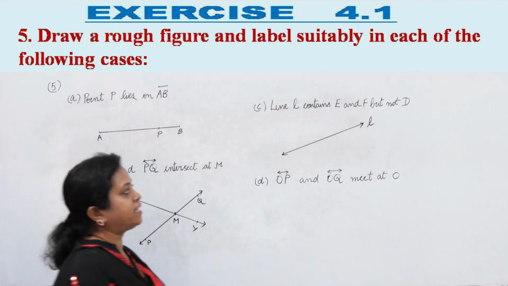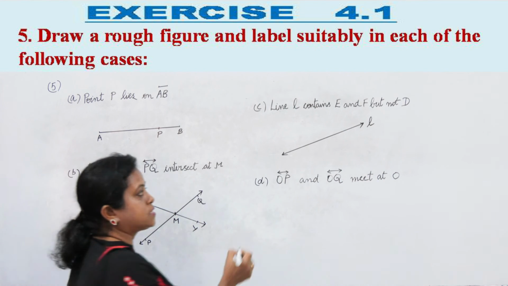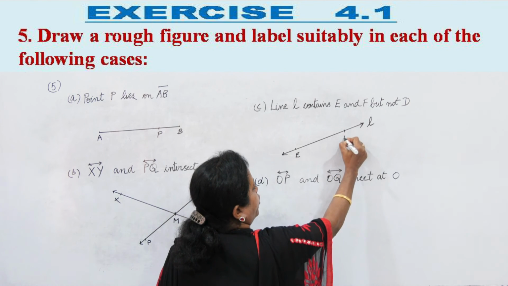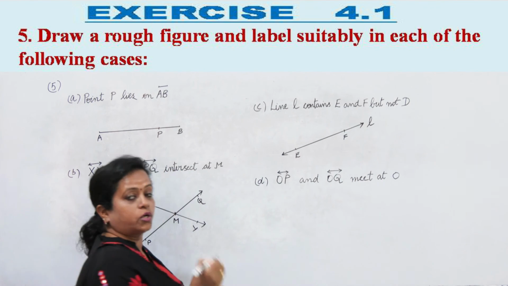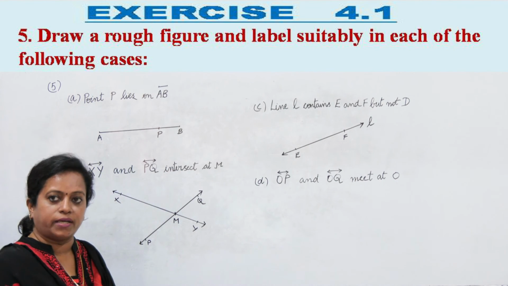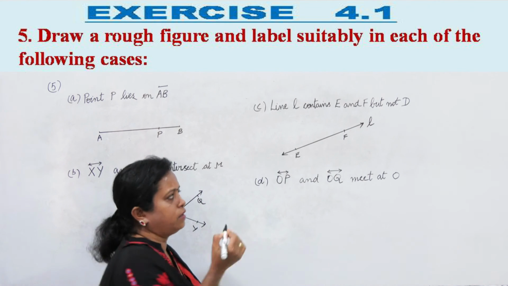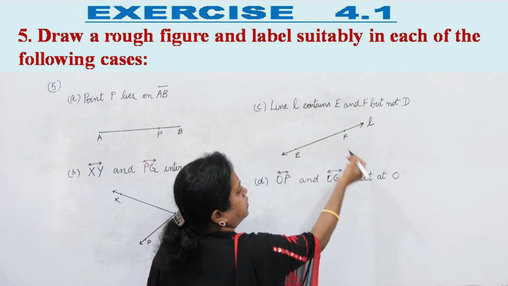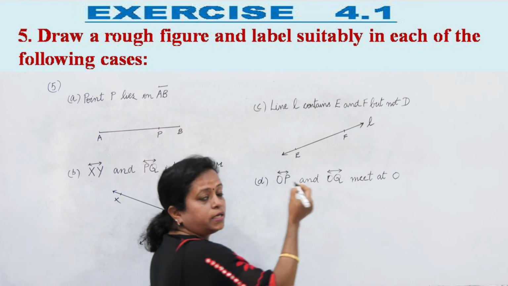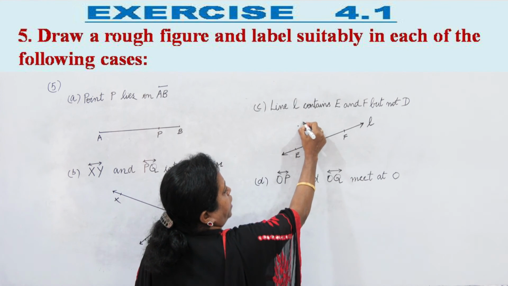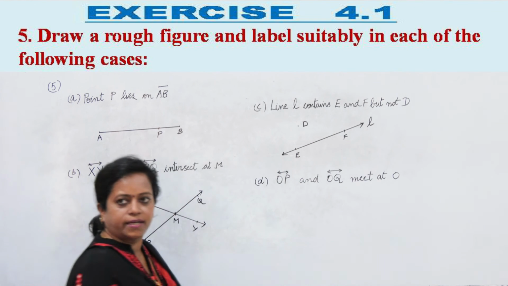L. L contains E and F. On this line, you have to show 2 points, E and another point is F, but not D. D is another point, but it is not on the line, but somewhere else in the plane. So you can show it anywhere, here, anywhere, but not on the given line L. So I'll take a point here, and how do I name a point? By using a capital letter.